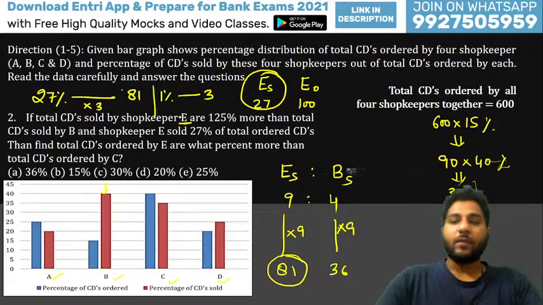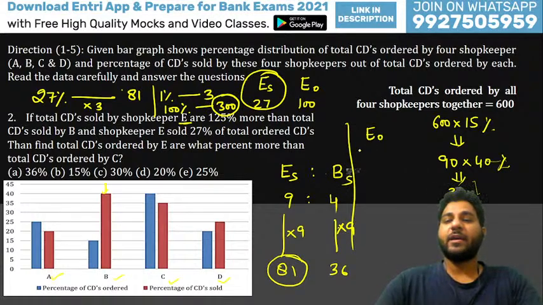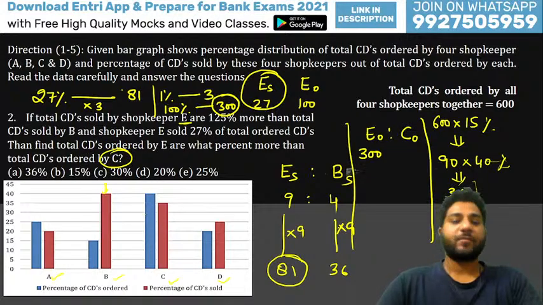Now we have to figure out the total CDs ordered by E. So E must have ordered 100%. So 100% must be equal to 300. So we have figured out 300 CDs ordered by E, and it has to be compared with C's ordered CDs. So look at this, C's ordered CDs.